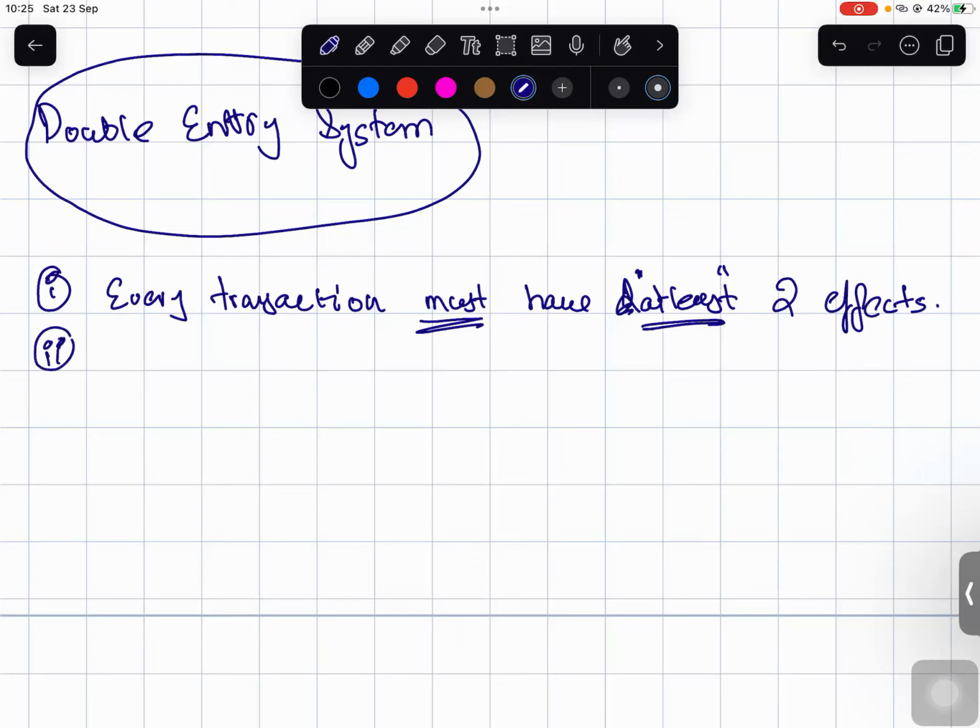And number 2 is there should be both debit and credit.